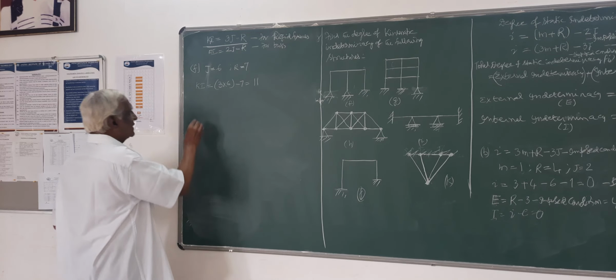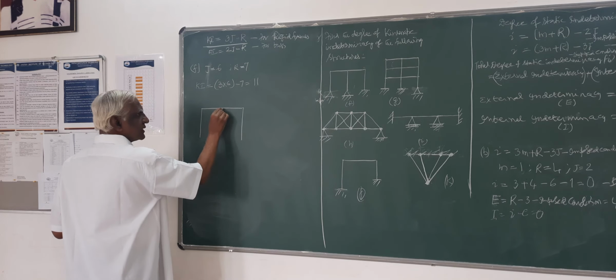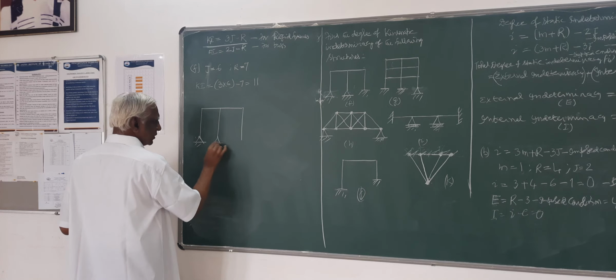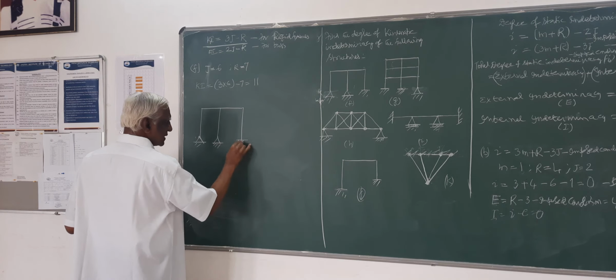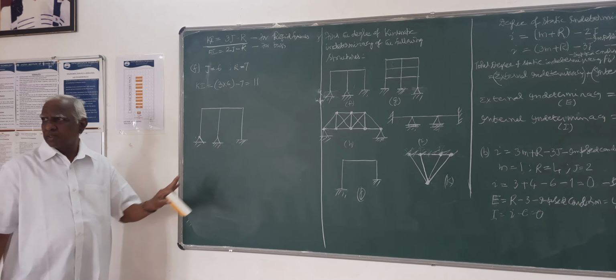So if you want, I will show the sketch of displacements, where they are occurring at all the joints. I will mark it and show you. This is the structure I am considering. First I will observe the supports.